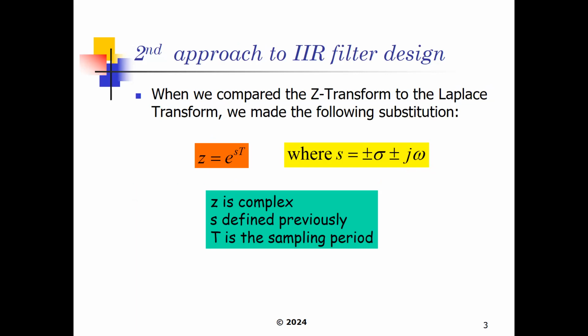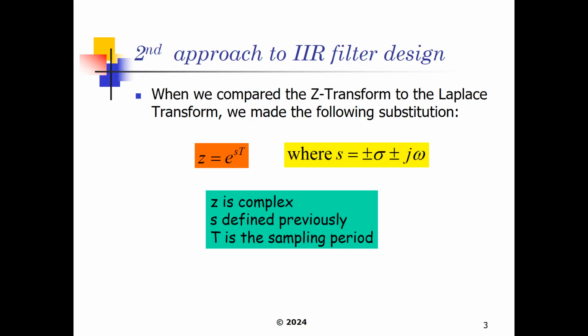So if you remember way back when, some lectures ago, when we compared the Z transform to the Laplace transform, we realized that if you make the substitution z equals e to the sT, that was the actual relationship between the Z transform and the Laplace.